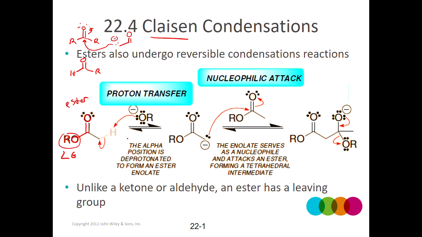But with the ester, what we see is something a little bit different. So if we explore that, first step would be the same. We still have to make an enolate. So we'd put some kind of base in there, something strong enough to pick off an alpha proton, alpha to the carbonyl, to make an enolate.